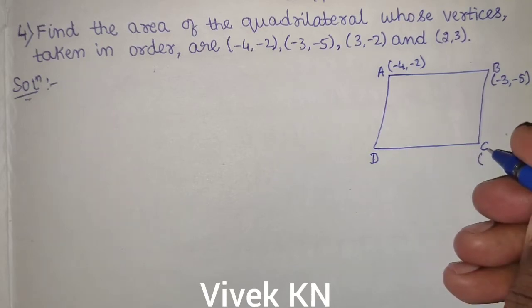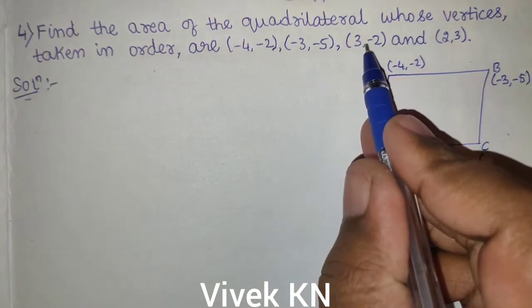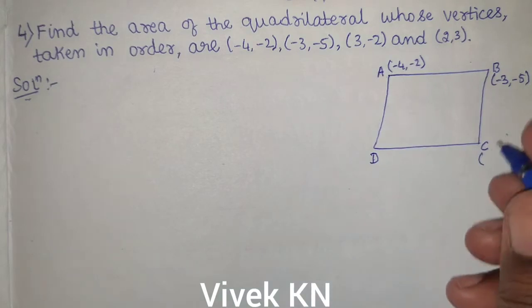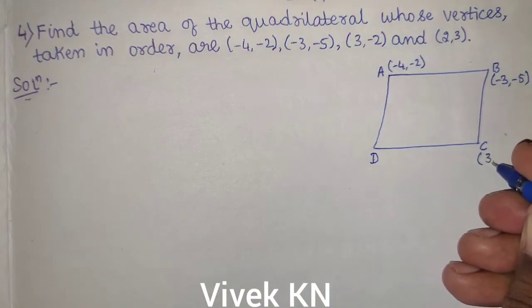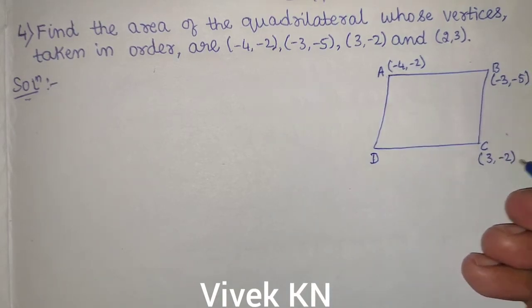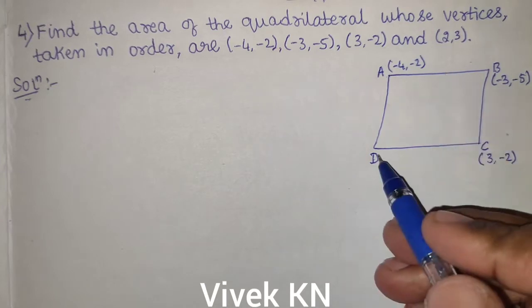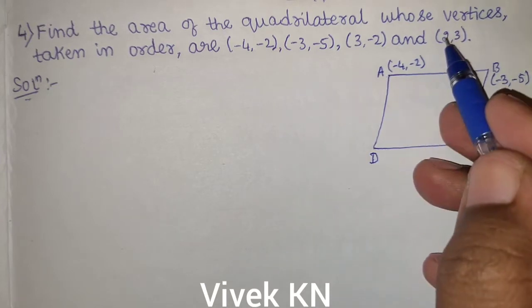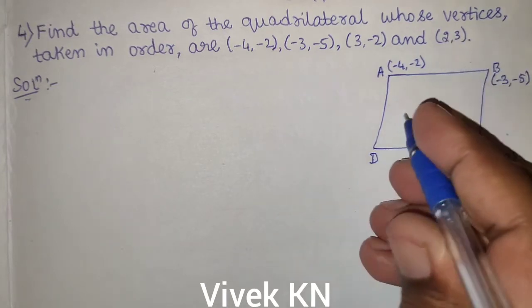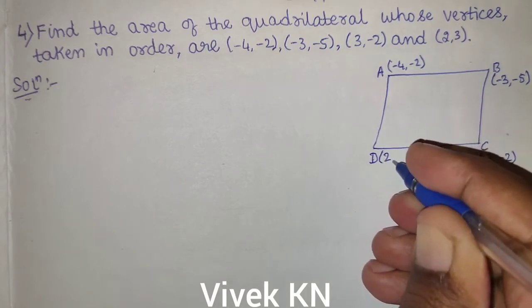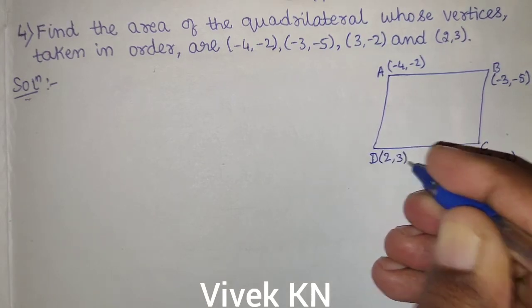Next, the coordinates of the vertex C is given by (3, -2). Next, the coordinates of the vertex D is given by (2, 3).